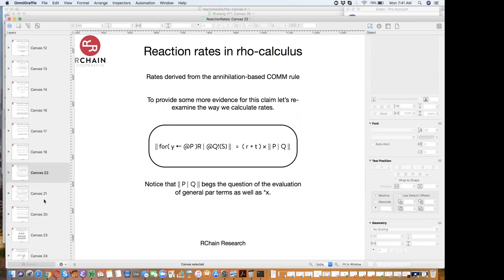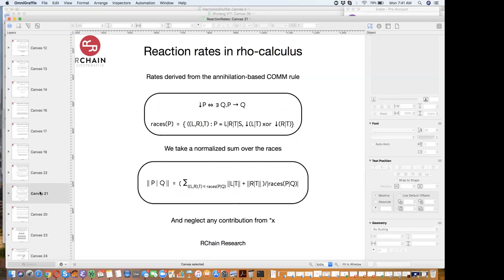But anyway, to make it well defined, we just need a couple of definitions. One is we say that P reduces if there's a Q such that P evolves to Q, right? So P has some kind of reduction. Then we define the notion of races as triples.